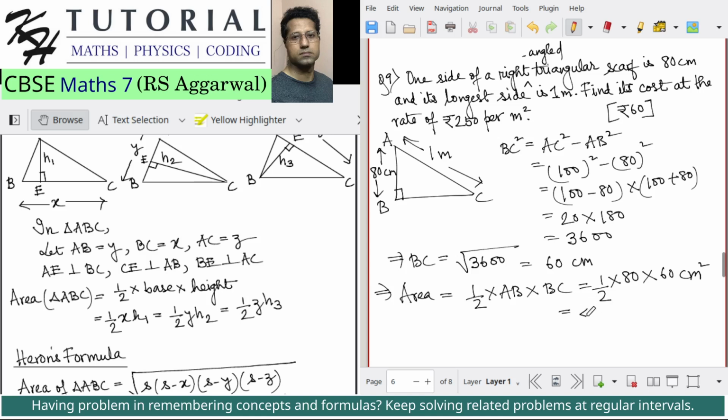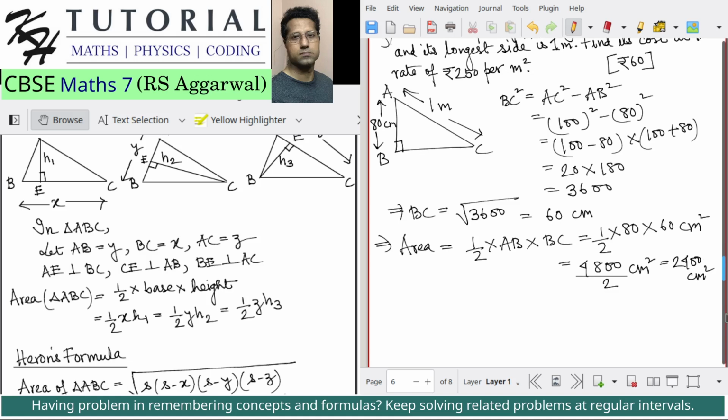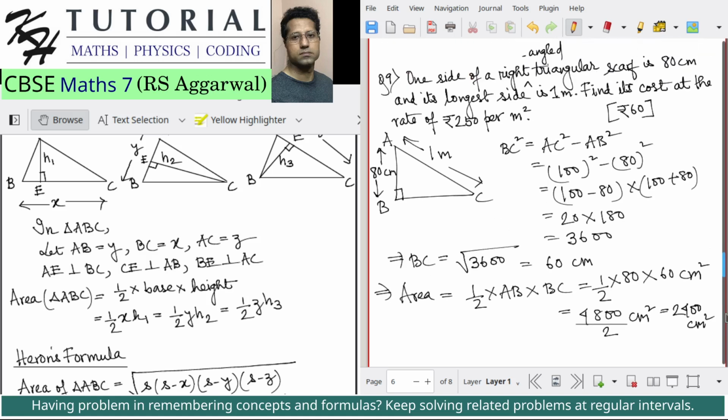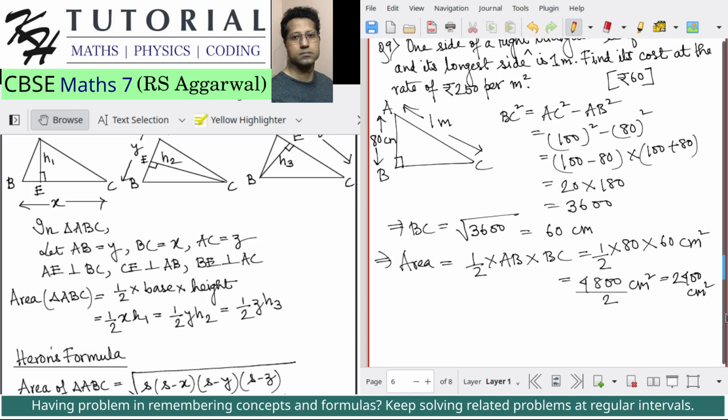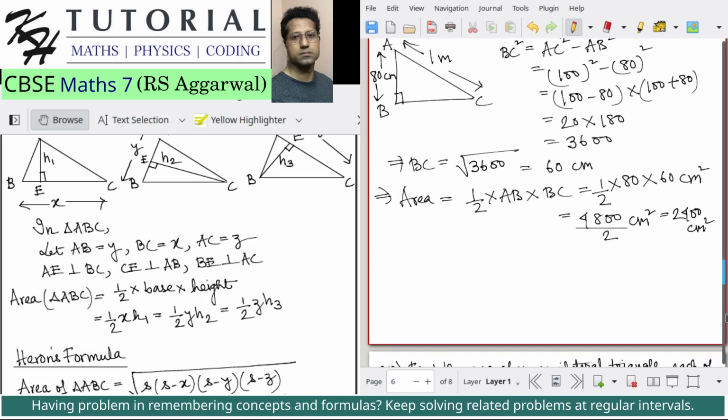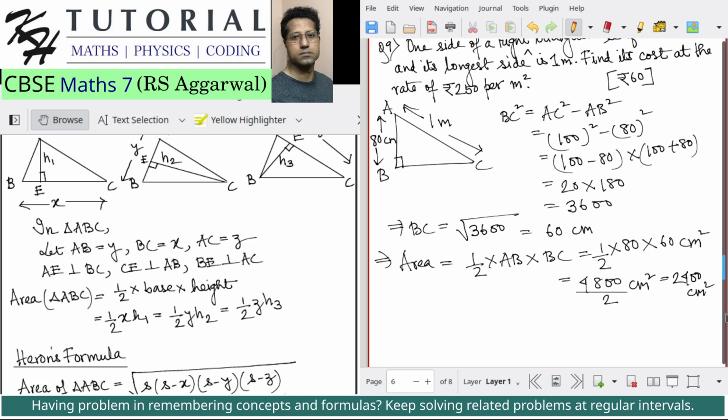This is equal to 4800 divided by 2 centimeter square, which is equal to 2400 centimeter square, the area of the triangular scarf. Now the question has asked, find its cost at the rate of rupees 250 per meter square. Oh, the rate is given as per meter square. Okay.